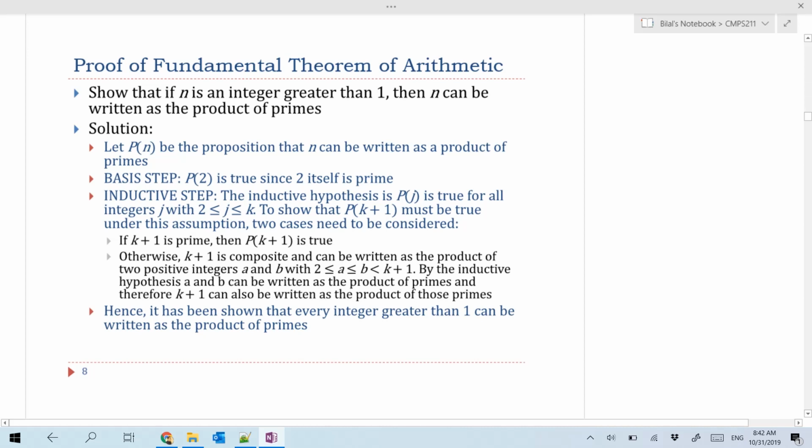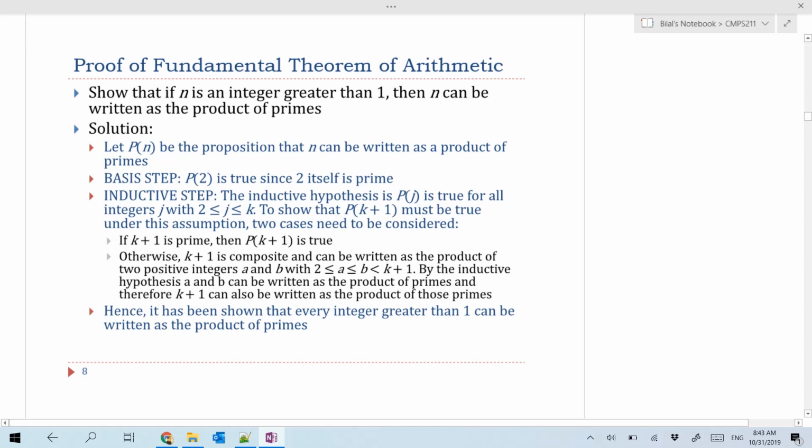Well, the inductive step in strong induction is completely different from the inductive step with mathematical induction. So here we assume the hypothesis that the property is true for j, for any j such that j is greater than or equal to your base case and less than or equal to k, okay?